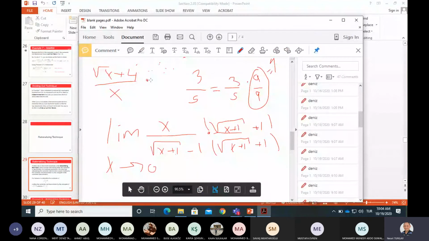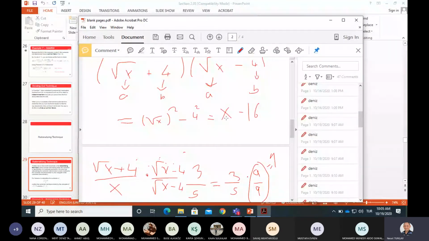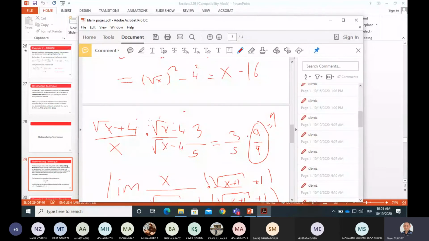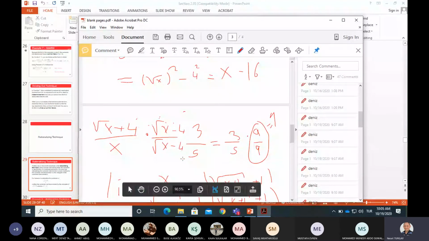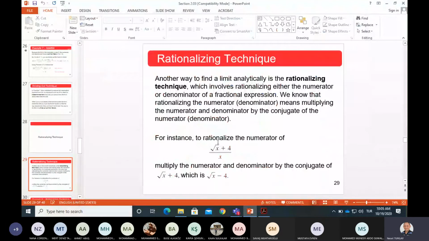It says that you multiply, and the same for the denominator. Understand? This is what is said here. Because now if you multiply this by this, I told you what? x minus 16. So the answer now is x minus 16 over x times root x minus 4. This is what I explained here.